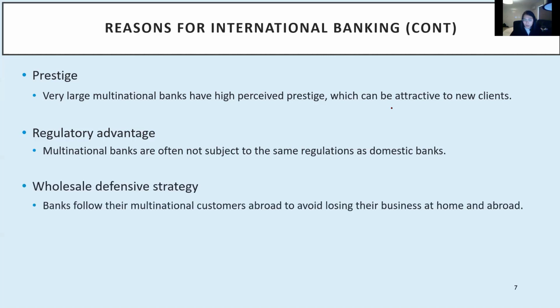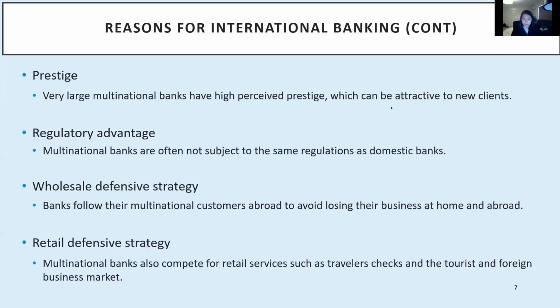In addition, if a bank has a big multinational company as a customer, and wants to keep their business, then it makes sense to follow the customers abroad to avoid losing them to another bank, right?